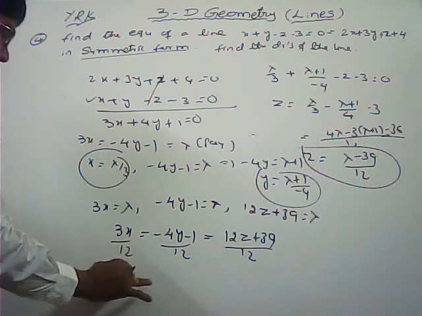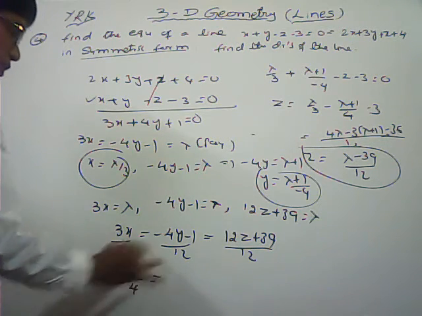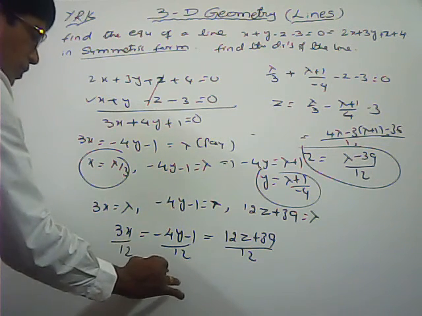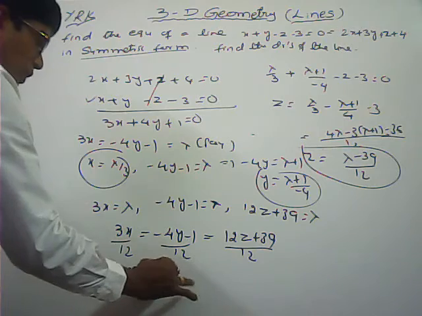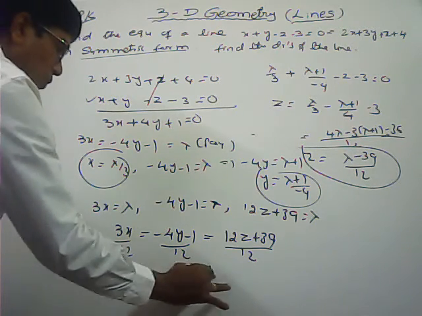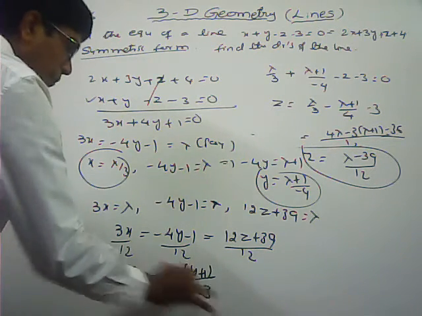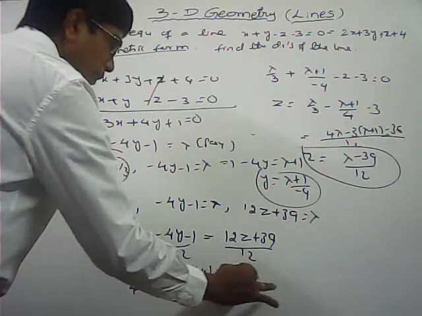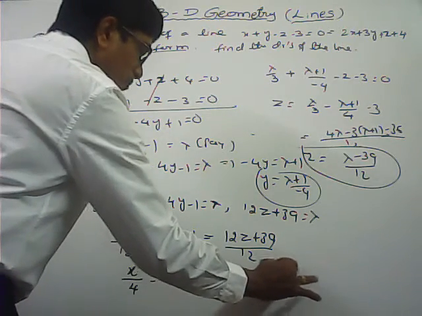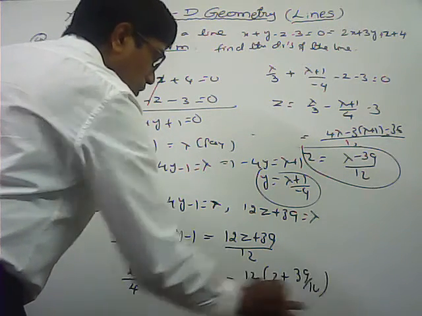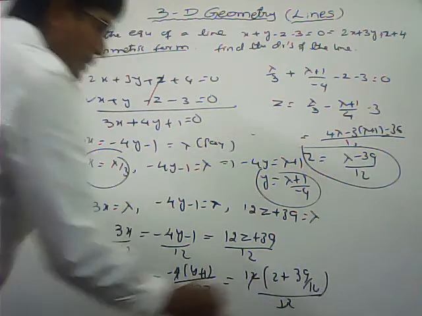Now here x by 4 is equal to, if I take minus 4 common, y plus 1 by 12, so 3 times. That is equal to, if I take 12 as common, z plus 39 by 12 by 12. These two get cancelled.